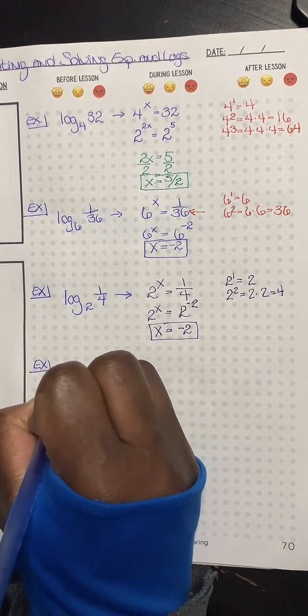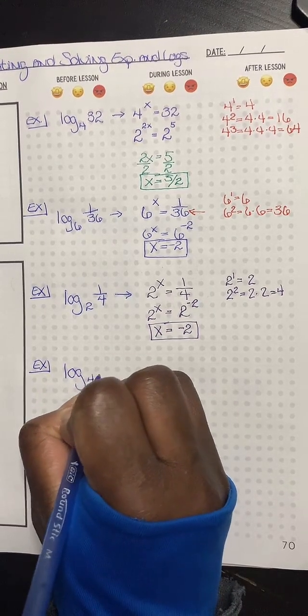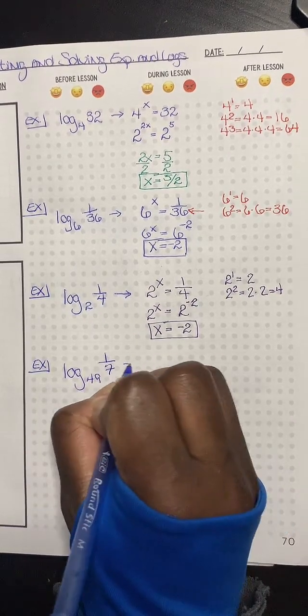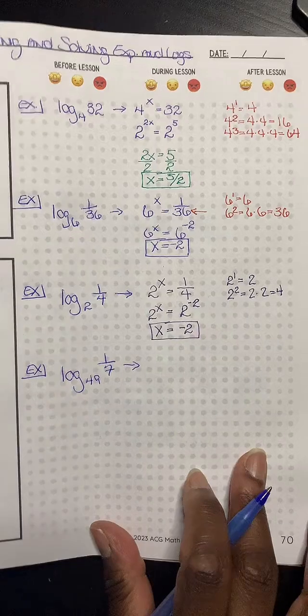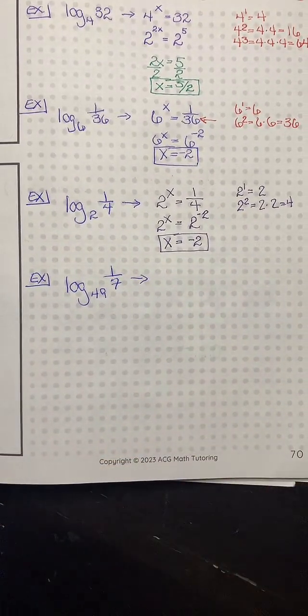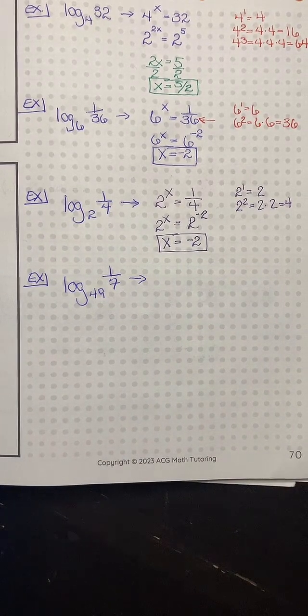Okay, so we have our log base 49 of 1/7. So log base 49 of 1/7.